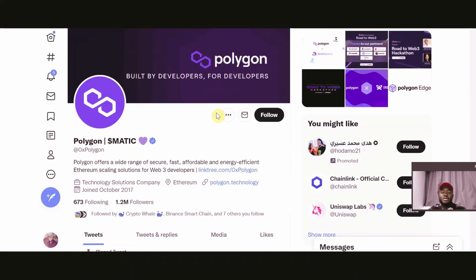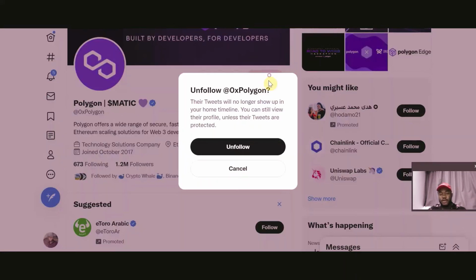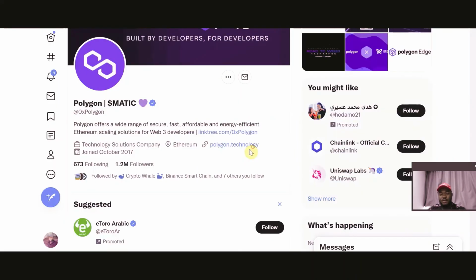Why do I follow on Twitter? Don't follow on Facebook and all, because in those places you have many scammers out there, bro. But here on Twitter you can see their main handle. You can follow them like this. I just followed one. If I want to unfollow, I unfollow. If I want to follow again, I follow.